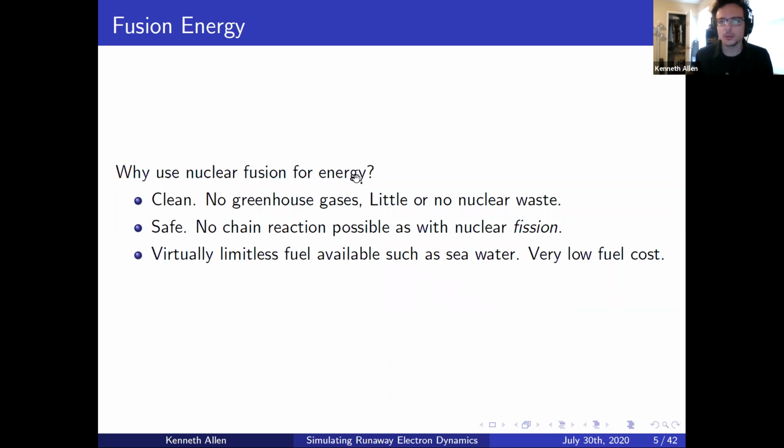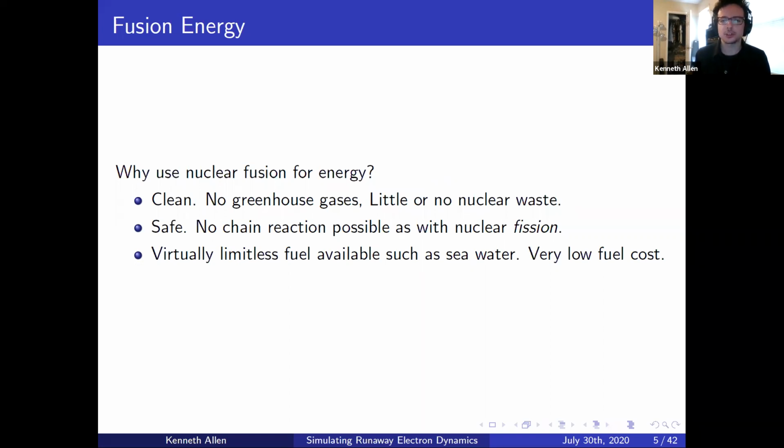So why do we want to use nuclear fusion for energy? First of all, it's clean, so there are no greenhouse gases, and there's little to no nuclear waste. It's safe, so there's no potential for a chain reaction, as opposed to nuclear fission, which is how nuclear energy is currently produced. Nuclear fusion is different, and it's much safer.